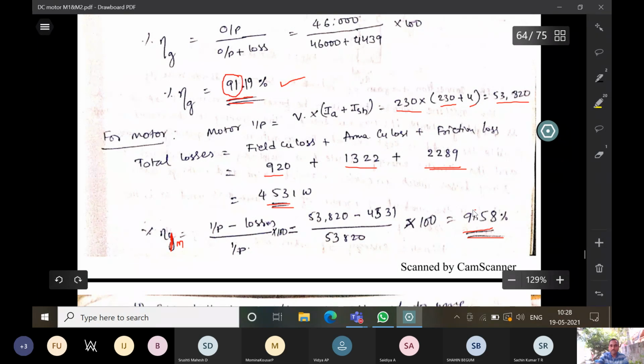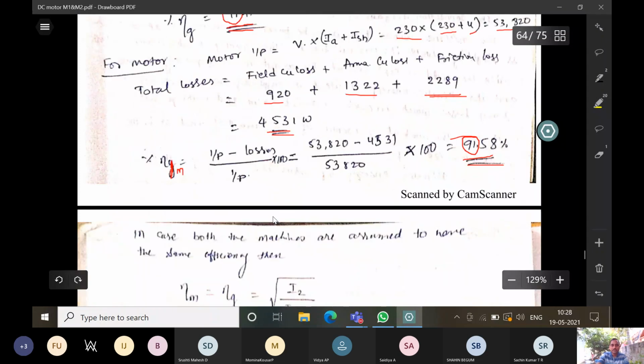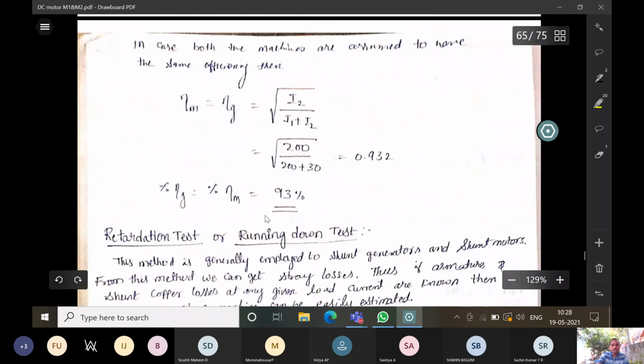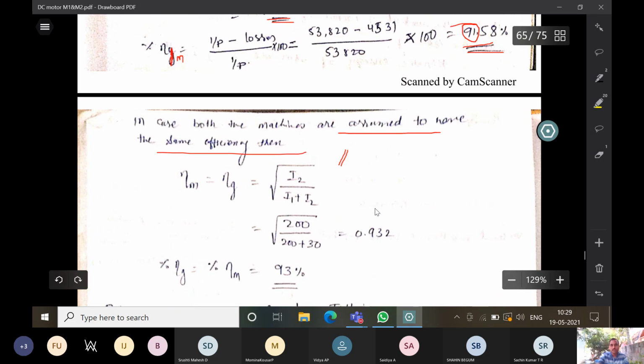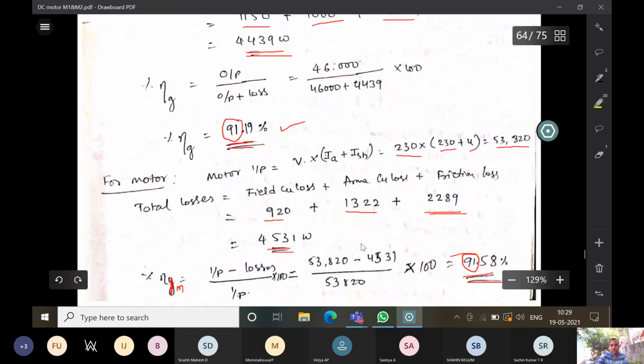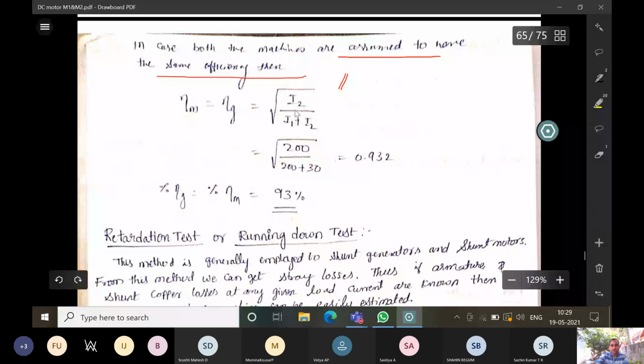So almost both machines are identical, and we got 91%. Efficiencies are equal here, right? So if both are assumed to have the same efficiency, eta m and eta g, we can cross check through another formula directly without doing all these things. We can also cross check with square root of I2 by I1 plus I2.